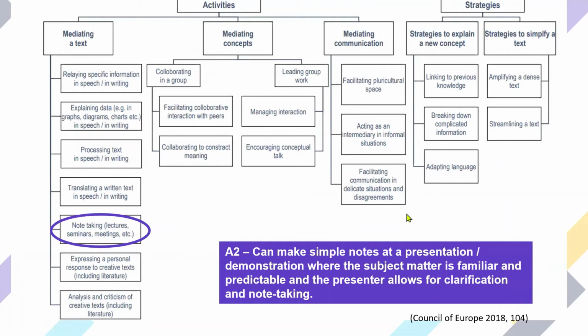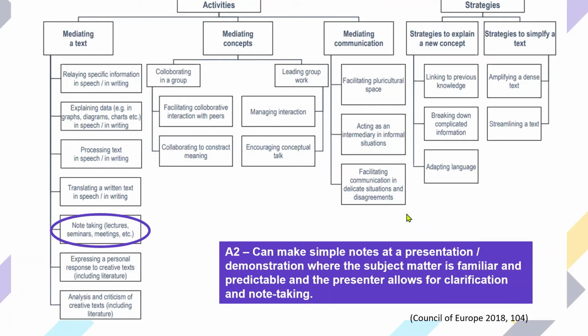And this is a can-do statement taken from the Companion Volume. At A2, students can make simple notes at a presentation or demonstration where the subject matter is familiar. Again, we are talking here about a low level A2, so familiar, predictable situations is what we are going to be covering.